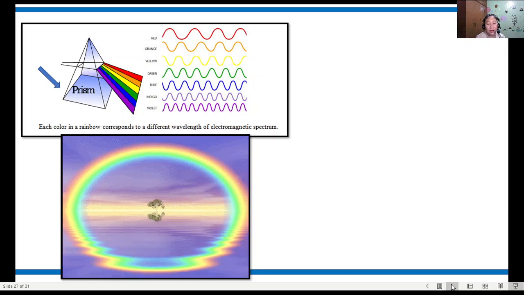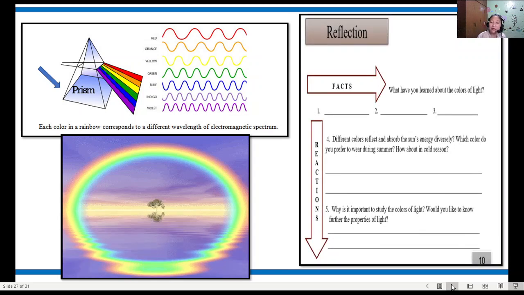And then nag-reflect din yung arc ng rainbow dun sa clear water. So, nag-bounce off yung light, nagkaroon ng incident light ray, and then reflected light ray. Kaya nakita natin sa mata natin dito sa example, yung image ng rainbow arc. Okay.